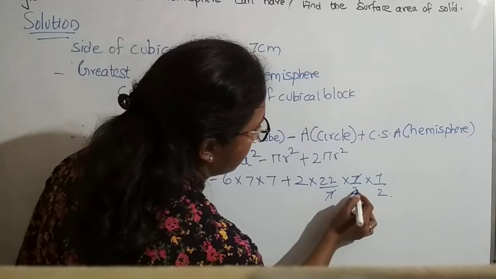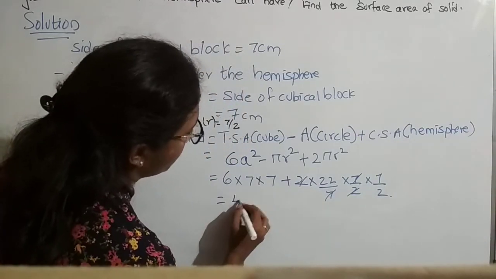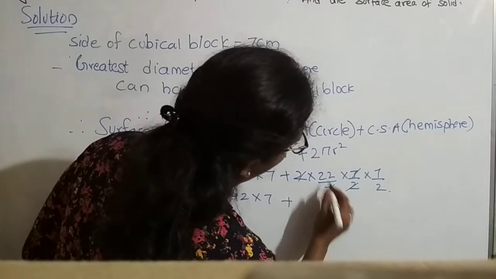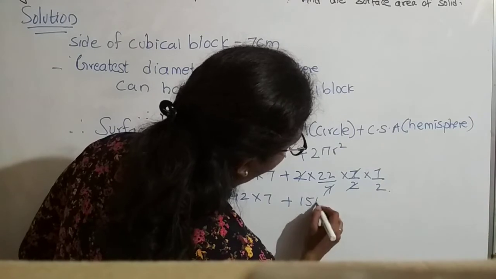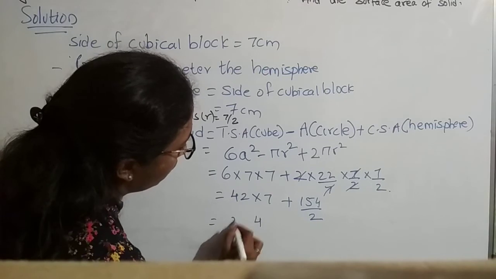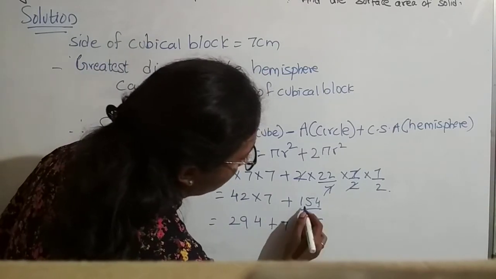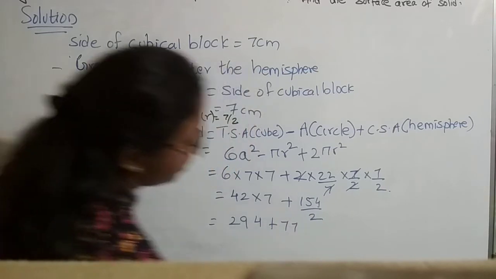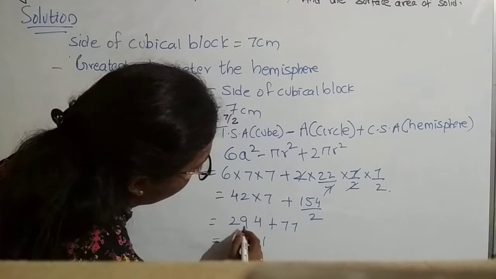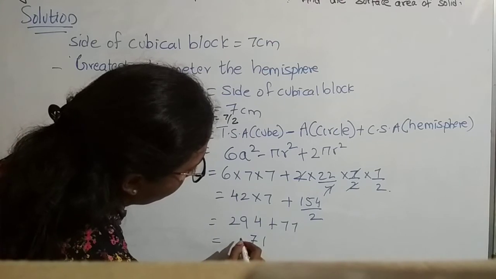7 cancel, 2 cancel. So students, we are left with 42 into 7. Okay, here we'll have 22 into 7, that is 154 upon 2. So here 7 2s are 14, 28, 294. Here we can subtract, 2 7s are 14, so 77. Correct? So when you add here, we get 371.